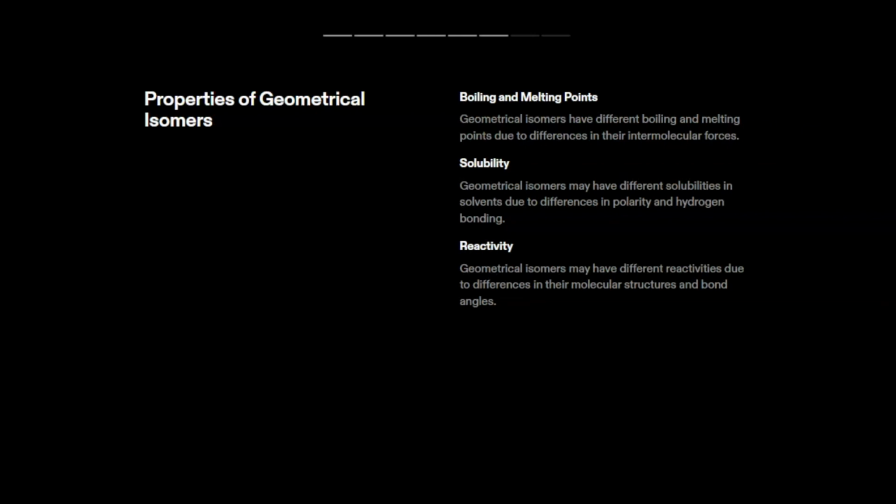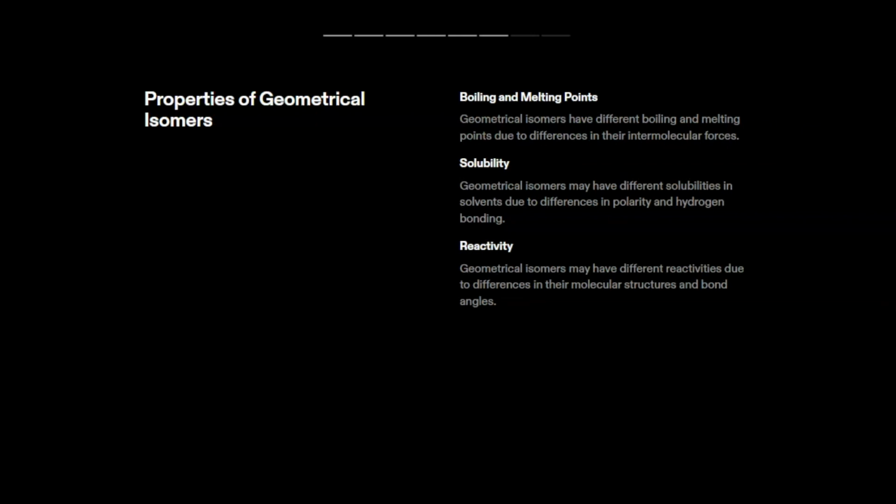It's about the properties of geometrical isomerism, and here three properties are listed. The first one is boiling and melting point. The geometrical isomers, that is our cis and trans isomers, may have different boiling and melting points because of their differences in intermolecular forces. The next property is solubility.